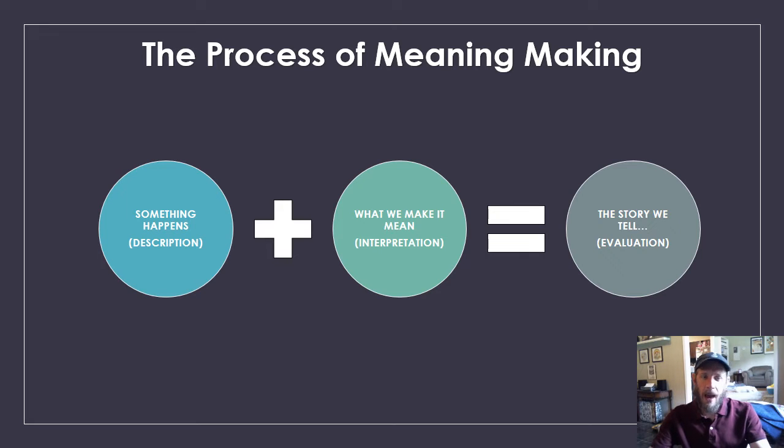So something happens. The thing that happens, happens. That is description. All right. If we're equating it to the rhetorical triangle, that's going to be your logos. All right. This happens. The rocket escapes Earth's gravity.